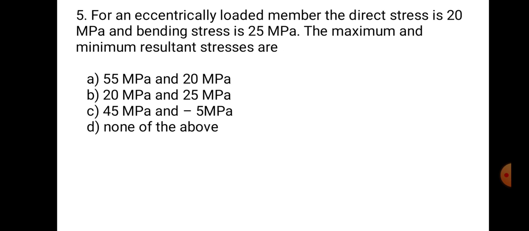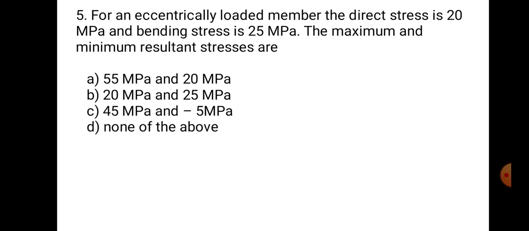Question number 5. For an eccentrically loaded member, the direct stress is 20 MPa and the bending stress is 25 MPa. The maximum and minimum resultant stresses are. Now in this case, this is similar to the previous one. Direct stress is 20 MPa, bending stress is 25 MPa. So the maximum stress will be the summation of the two, that is 20 plus 25. Now it is not needed to see other things because the first option A is 55 and 20, B is 20 and 25.